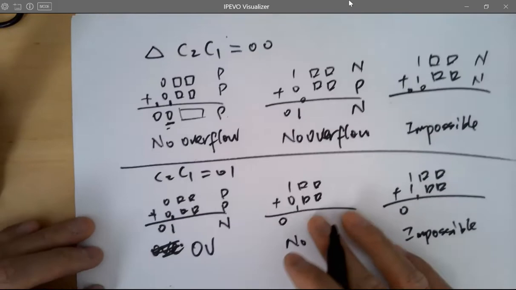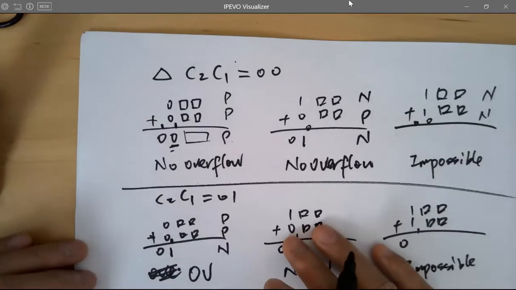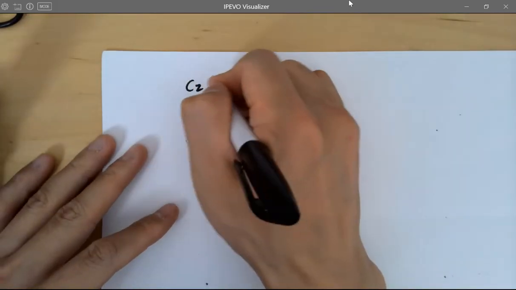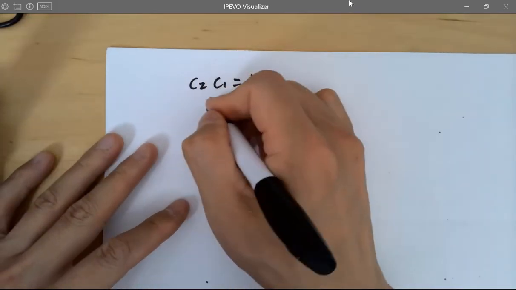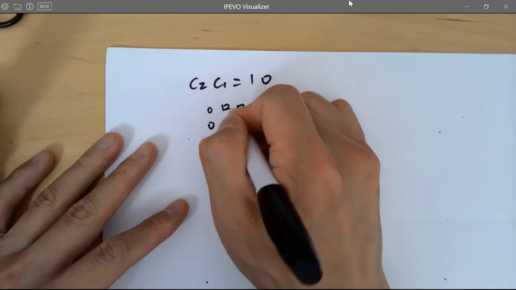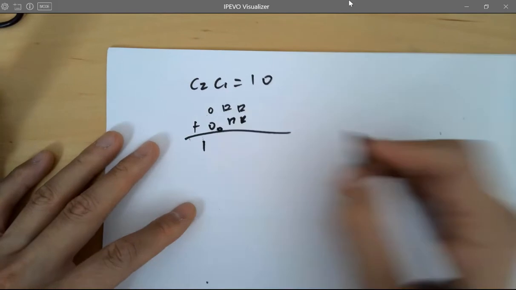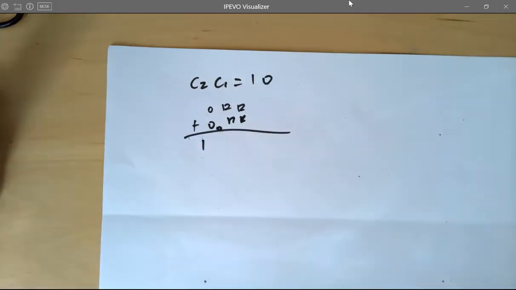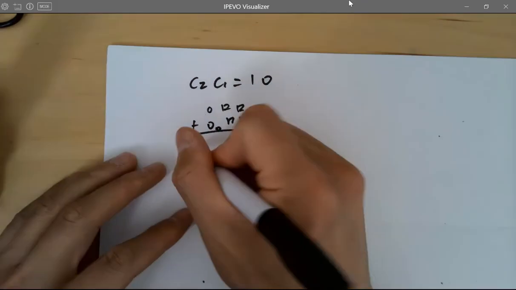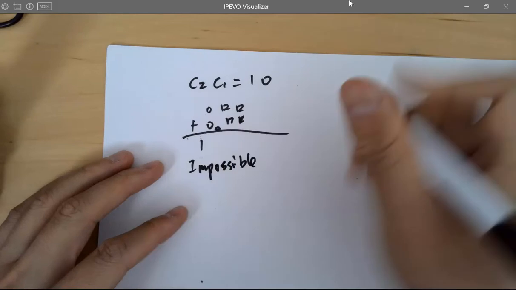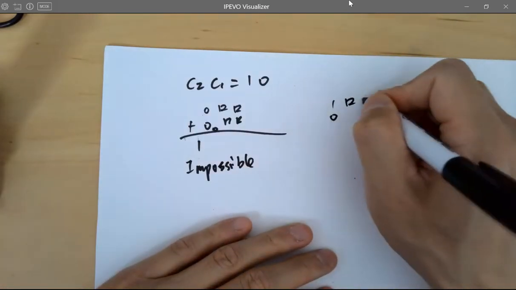For the next case, I'm having C2, C1 equals 1, 0. The first case is 0 plus 0, right? And it's 0, 1, which is impossible for this case. So this just won't happen. The second case is 1, 0.